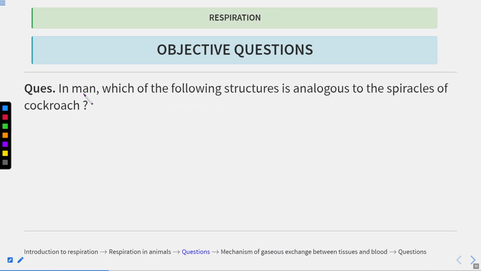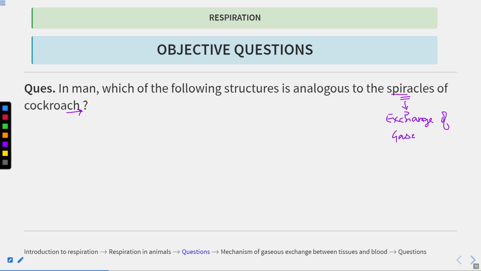The next question is, in man, which of the following structures is analogous to the spiracles of the cockroach? We were discussing the spiracles. When we discussed respiration in the grasshopper, similarly in the cockroach spiracles are present, where the exchange of gases takes place.